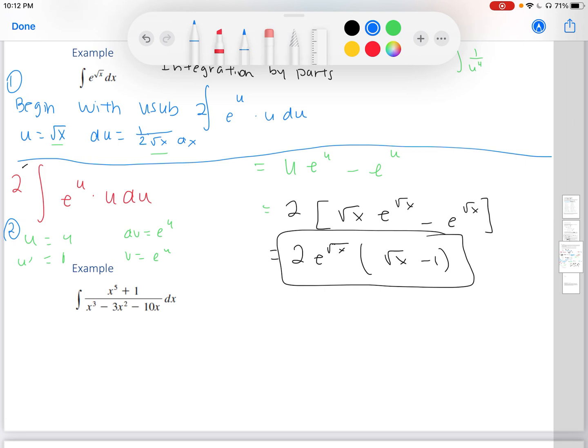For the last problem, we see that partial fractions would be the ideal method.